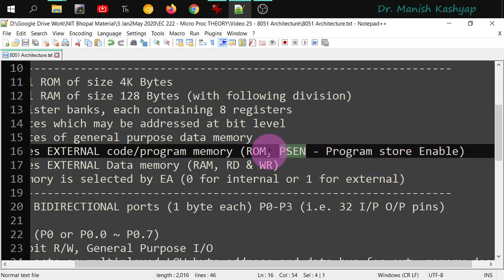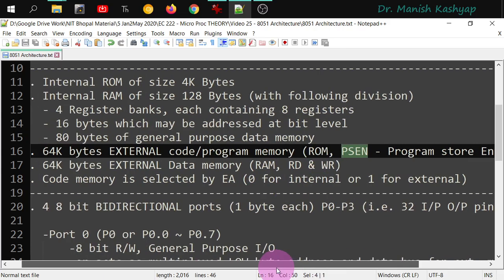So this is applicable only for ROM or for code memory. Since from the ROM we will only be reading the code, there is no need to write something onto ROM, right? And on that note, we do not use the read and write signals combined. We only use one, program store enable. So this PSEN is used to read the programs from the ROM part, right? So this is also one point of difference. We'll see this through diagrams also in a while.